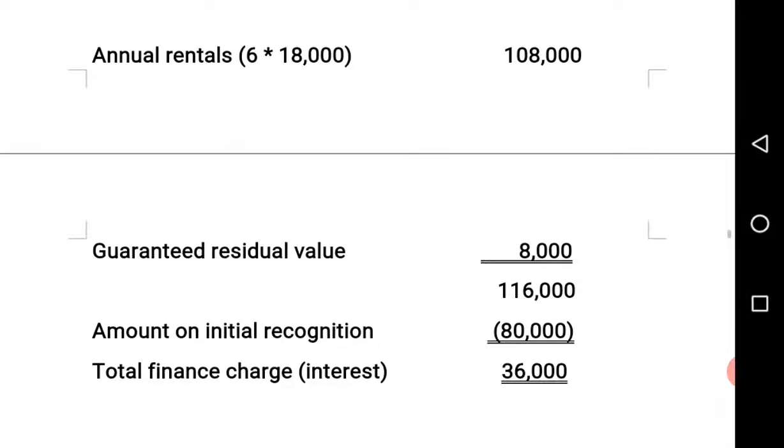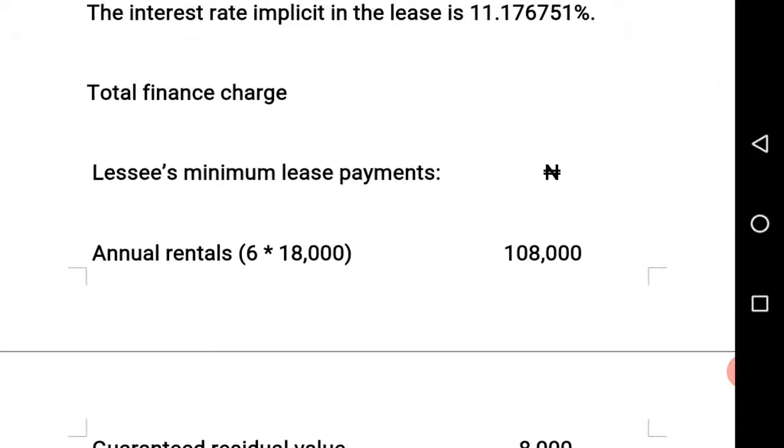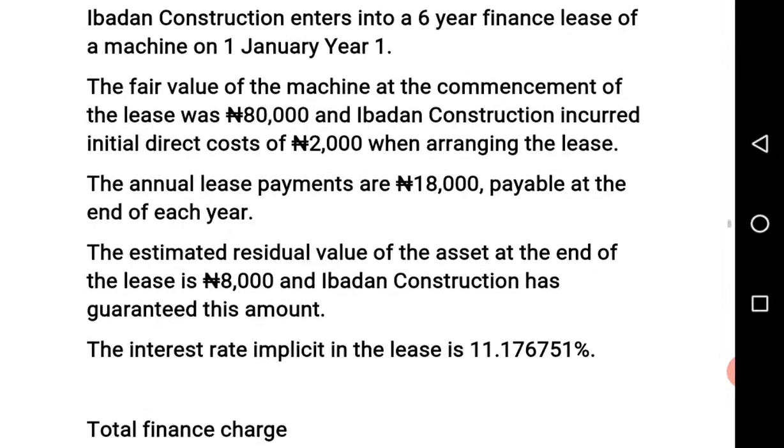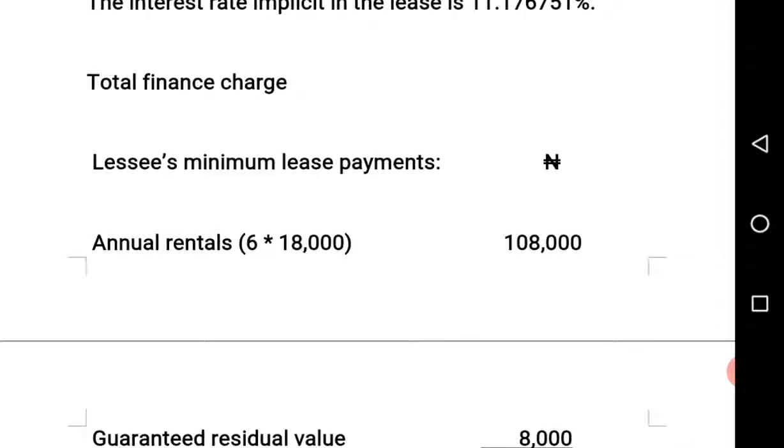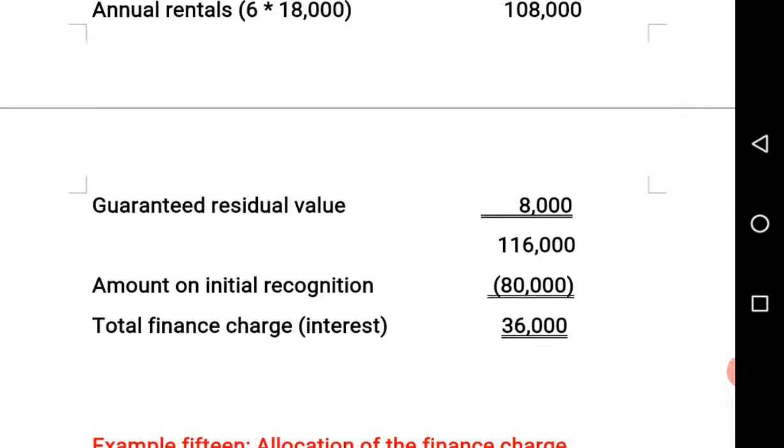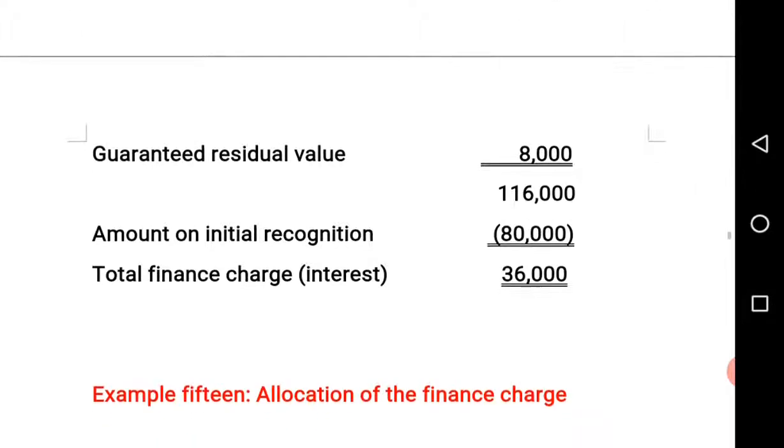Then the amount on initial recognition, that is the cost of the assets, which is 80,000. So we have the total finance charge as the difference between the gain and the initial recognition itself. That's 36,000 naira as total finance charge, or the interest paid on leasing the assets.